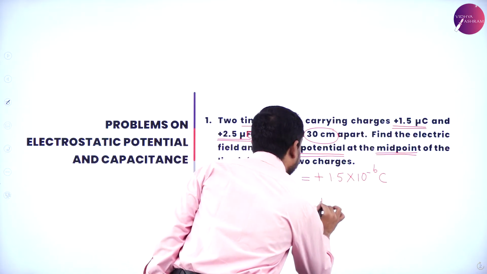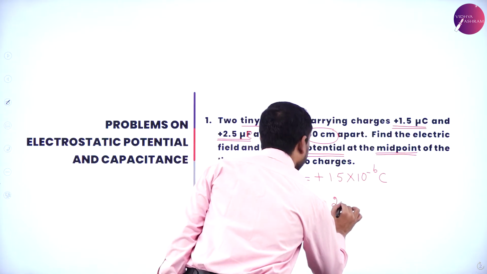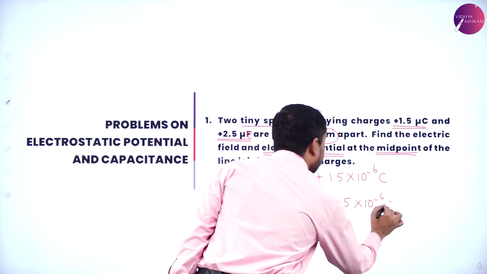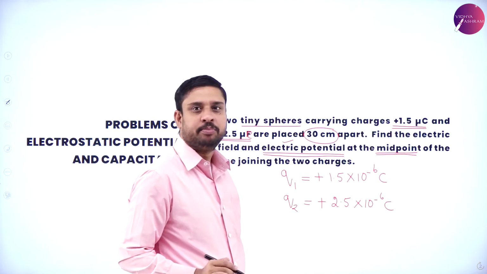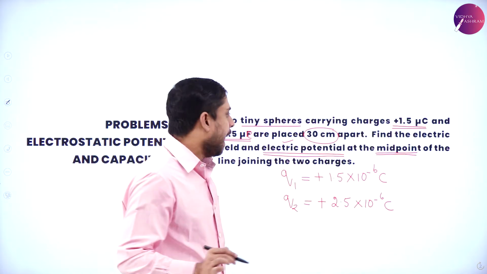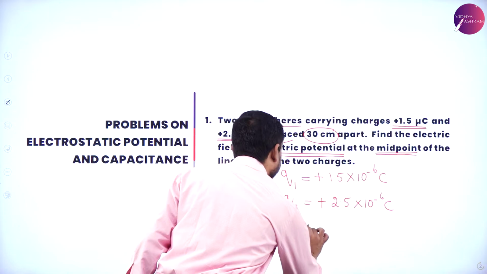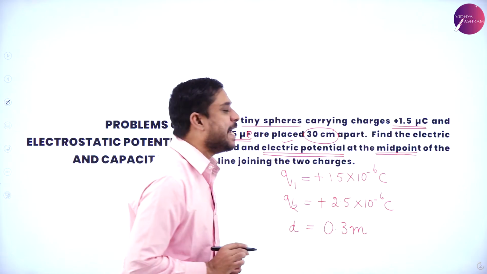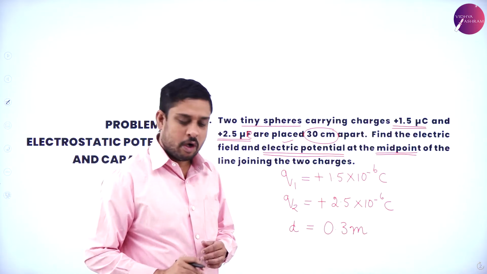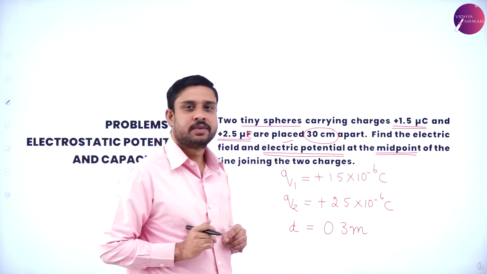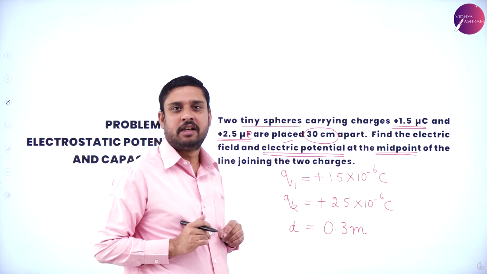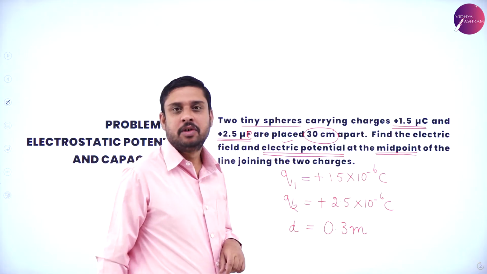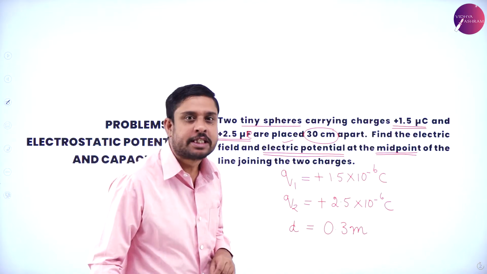Q2 is plus 2.5 into 10 power minus 6 coulomb. And the distance of separation is 30 centimeter, which is 0.3 meter. What am I to calculate? Electric potential at the midpoint of the line joining the two charges.